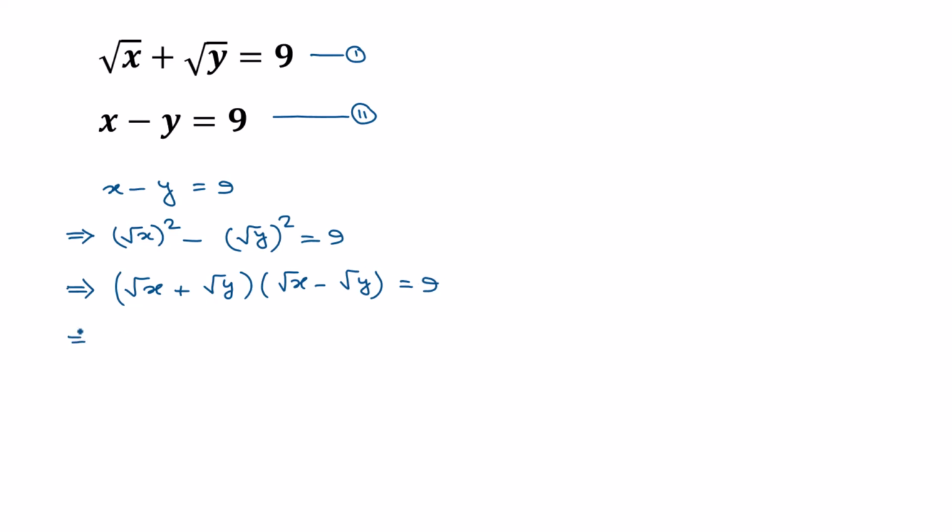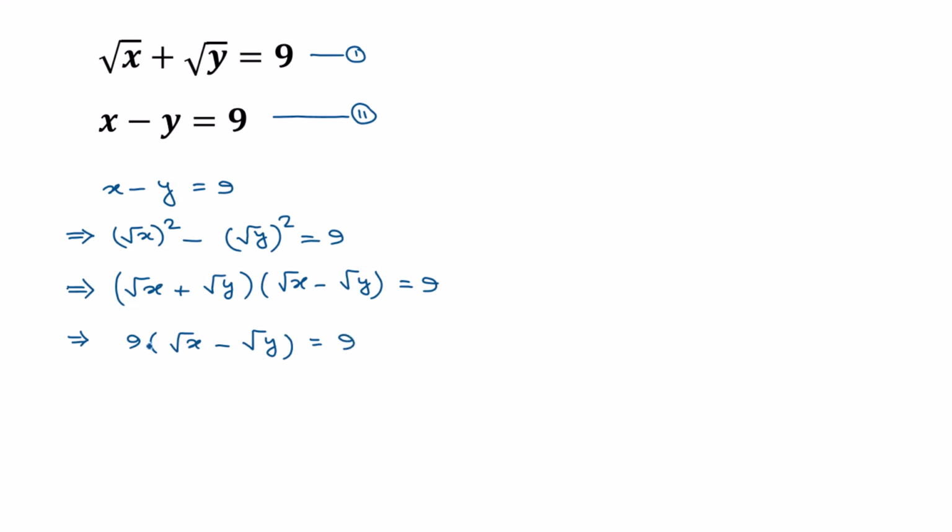From equation 1 we have the value of square root of x plus square root of y is equal to 9. So substituting this value here, we can write 9 times square root of x minus square root of y is equal to 9.